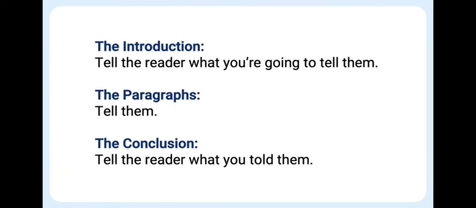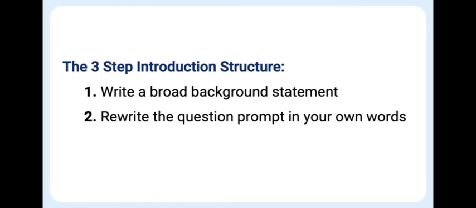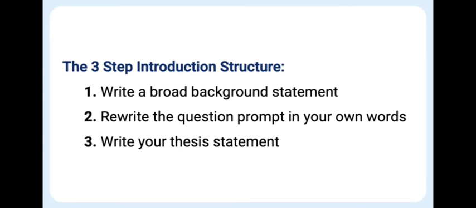So in an essay, you need to tell the reader what you will tell them in the introduction, then you tell them in the body paragraphs, then you tell them what you told them in the conclusion. Your introduction starts broad, paraphrases the essay prompt, and finishes with your thesis statement, "This essay will."